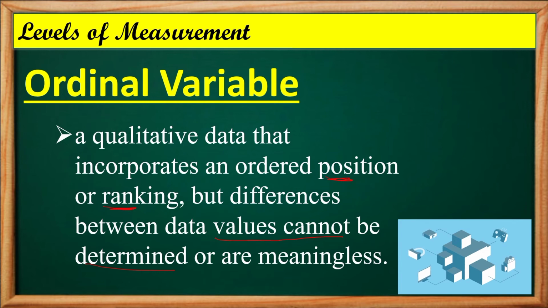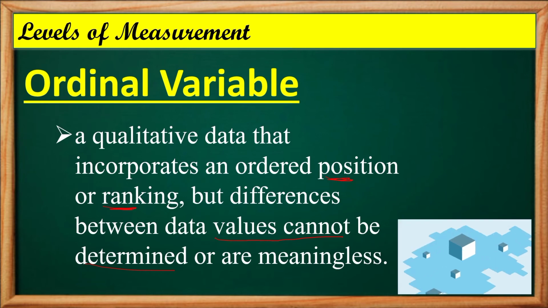Yung kanina is nominal, ibig sabihin, gender, male, female, color of the skin, brown, white, or black. Okay, that is the nominal. Sinabing ordinal, position. First, second, no. Kapag sinabing ordinal variable, sinasabi natin, what is your socio or economic status?